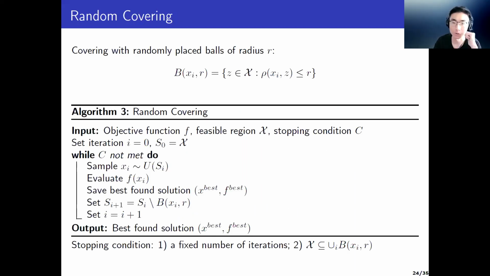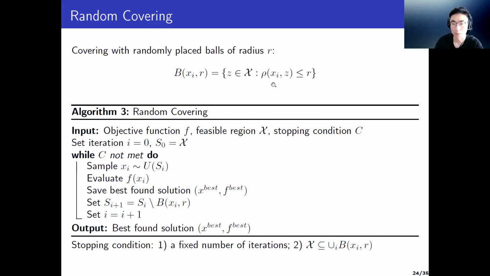Next, we introduce another global search algorithm called random covering. The idea is that we cover the feasible region with randomly placed balls of fixed radius r. So we first define this ball that is centered at the observation point xi with the radius of r. And this rho here is some metric on the feasible region.